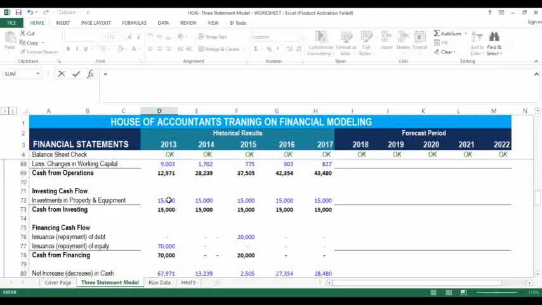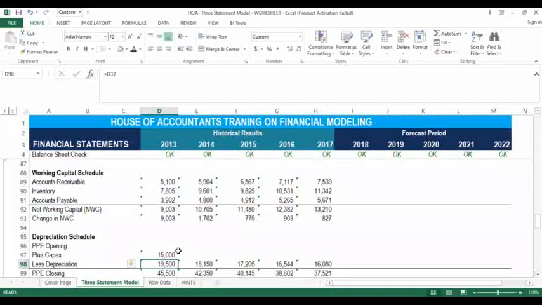We see that investment in property and equipment, that is an addition to PPE. Assuming they dispose it off, it will be in brackets. So we are going to pick this figure and drag it down. That is the addition for that year. I believe we are good with that.